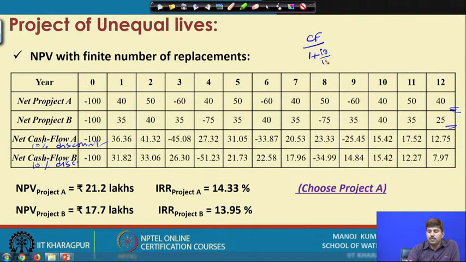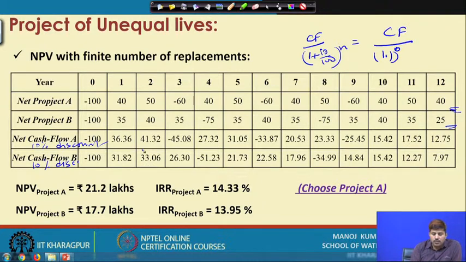So, it is 10%, so 1.1 to the power n, where n is the year. Now, n being 0, this will become 1.